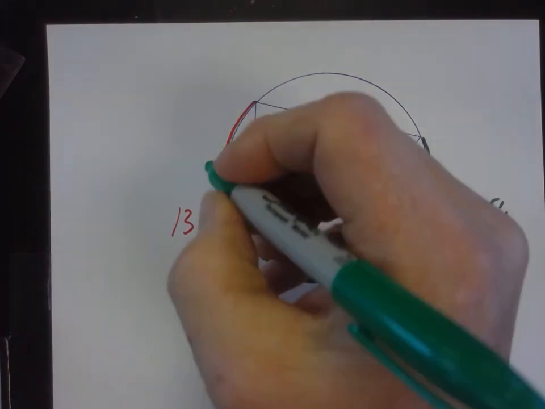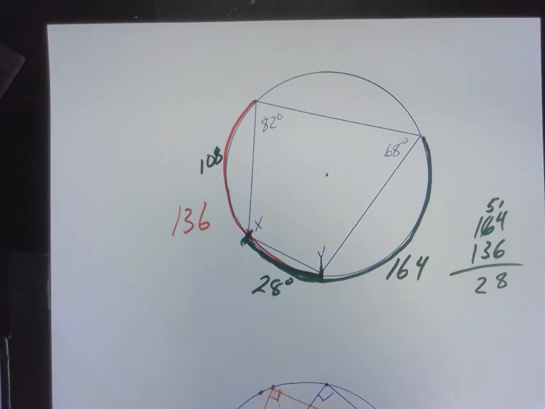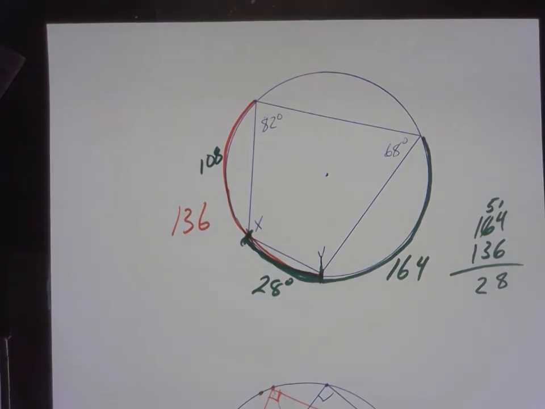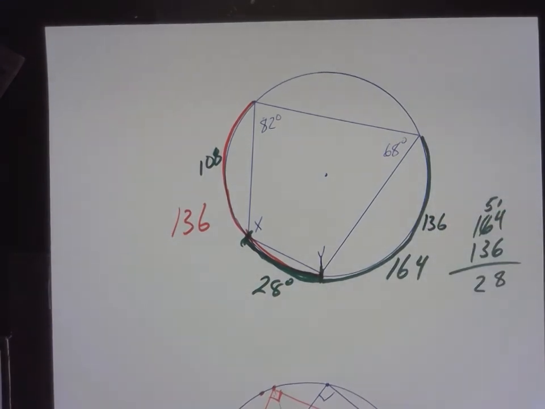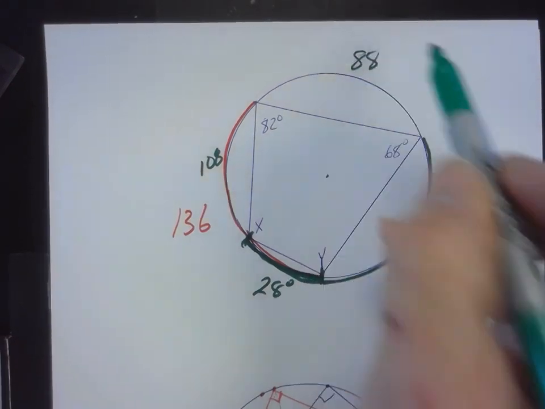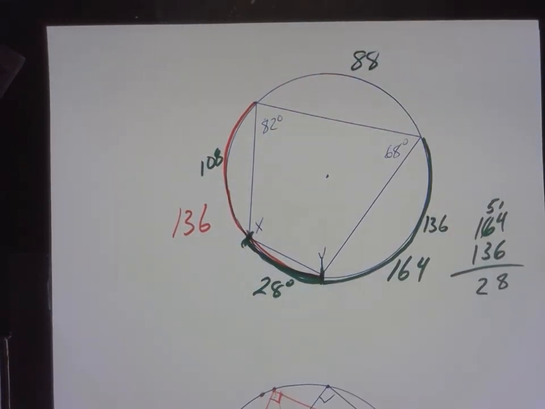So this bit's 108. Then 164 subtract the 28. This bit over here is 136. So 108 plus 28 plus 136 is 272. Subtract from 360. So we got 88 over here. So now we know all the little pieces, don't we?